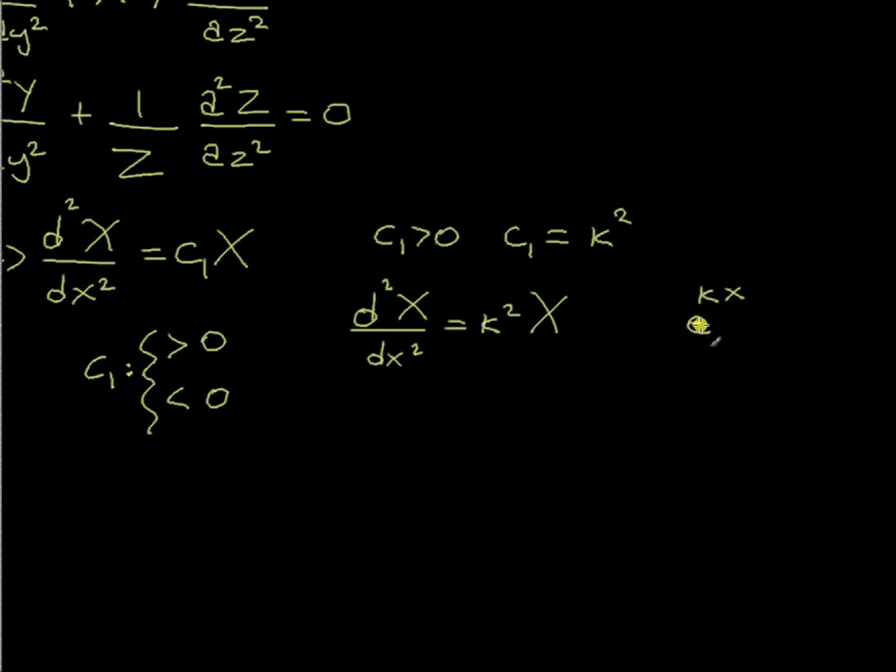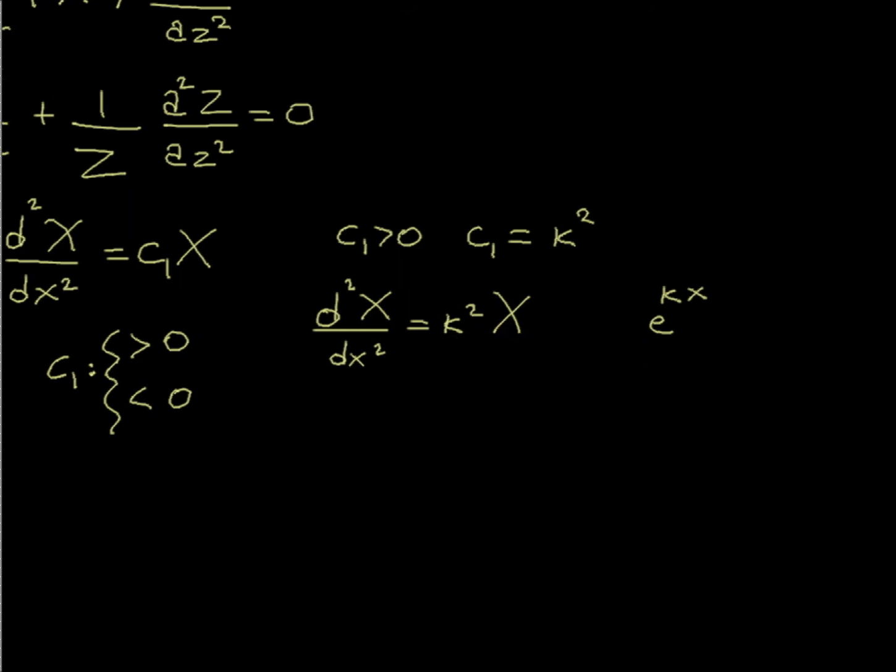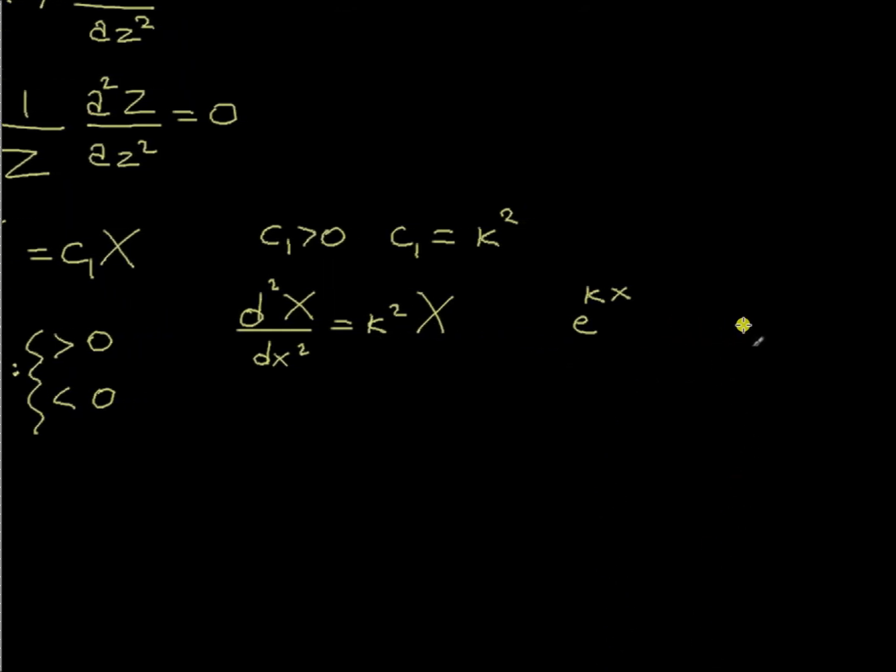If I take the first derivative of e to the kx, I get a k in front, and then the second derivative gives me k squared times e to the kx, which is my original function. So I get k squared times my function, which is what I have here. The same thing is true for e to the minus kx, because the second derivative will have two minus signs and it will give you a plus.